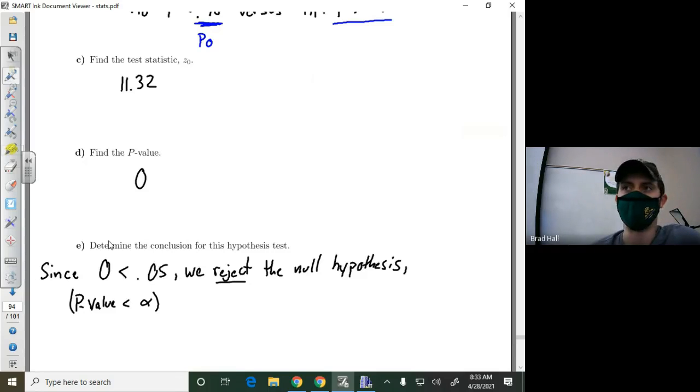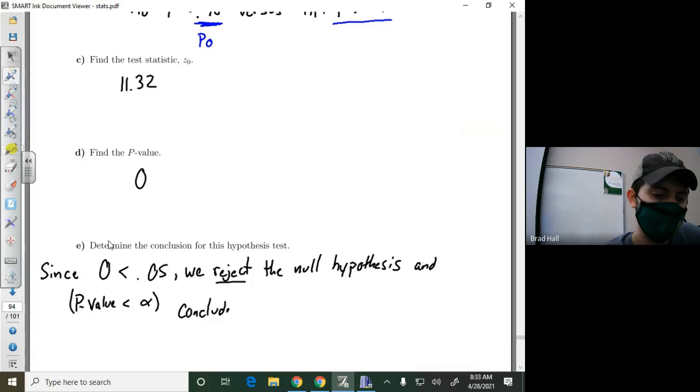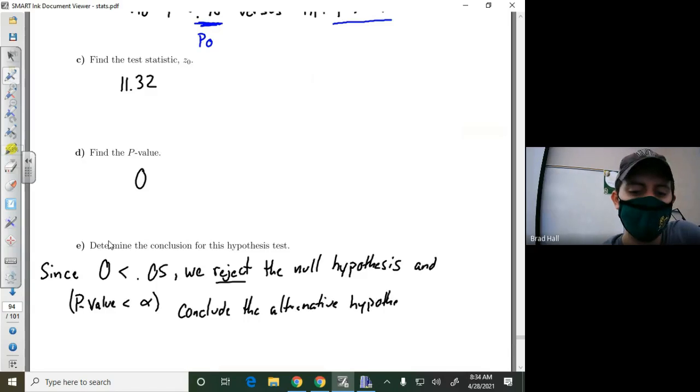Really, using the language of hypothesis testing, we can conclude the alternative hypothesis. So if you don't reject the null hypothesis, it doesn't mean that the null hypothesis is true. It just means we didn't have enough evidence to reject it. But if we can reject the null hypothesis, there's only one option left.